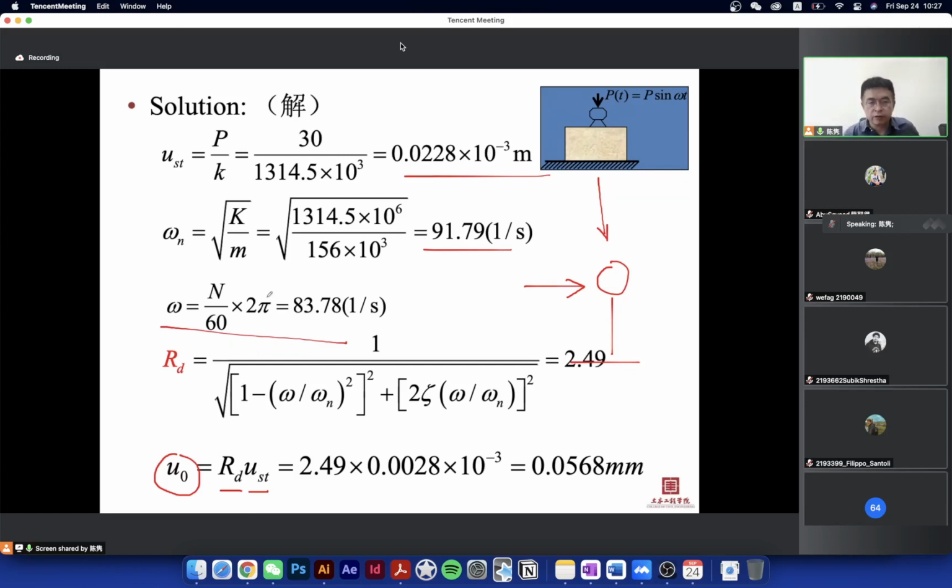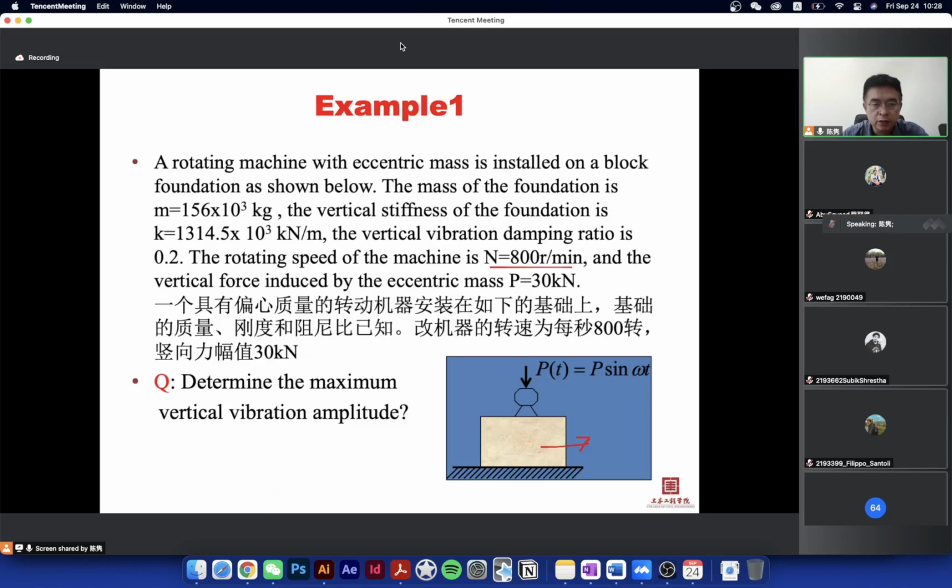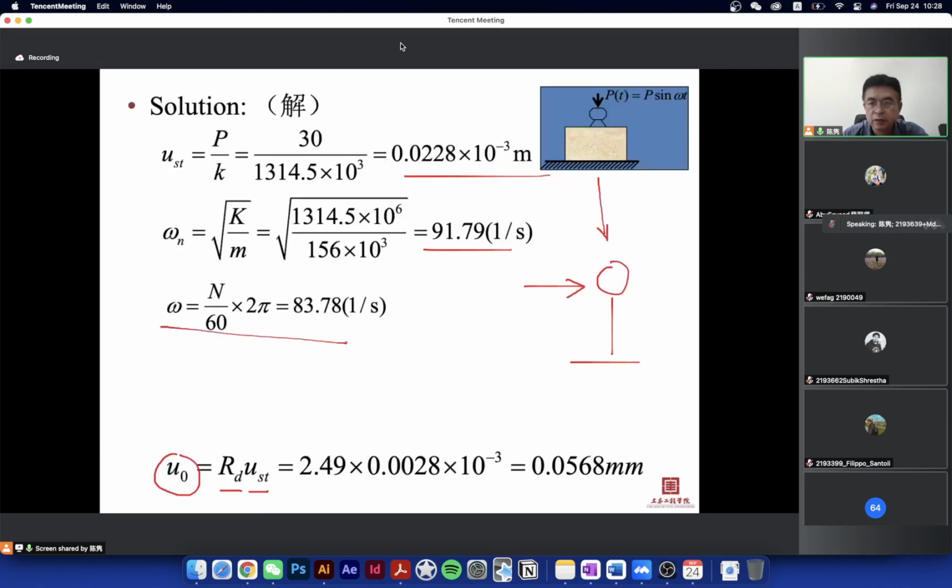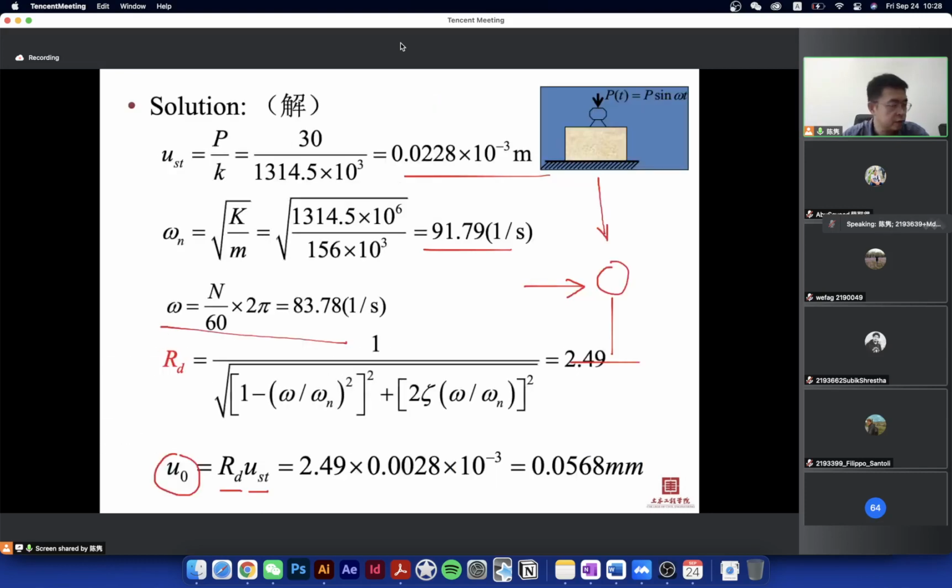So this is how we use this in one way. Later we will have different ways to use these principles and ideas: an SDF system subject to harmonic loading. So this is this part. We have 2 minutes to the break.